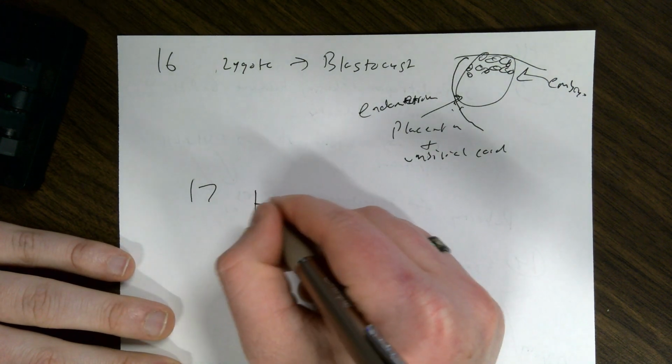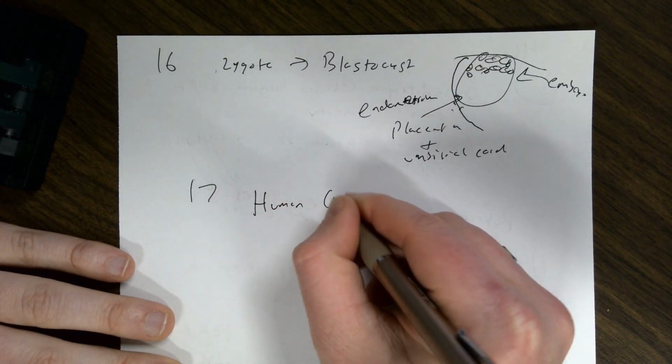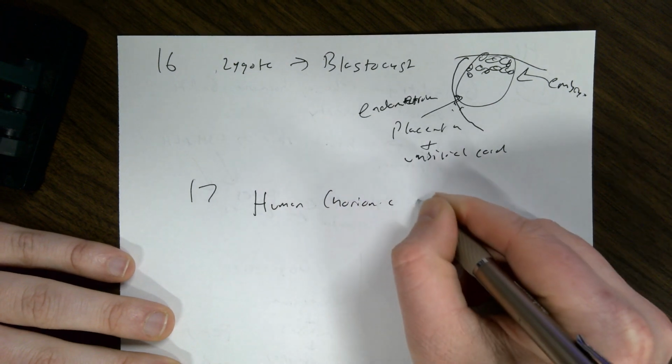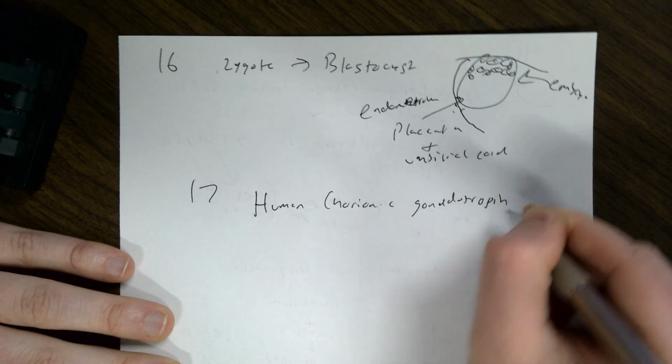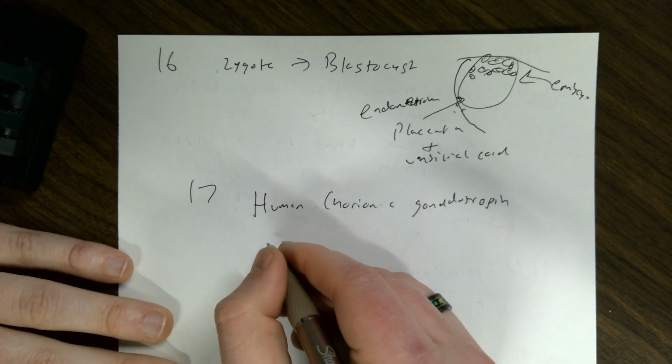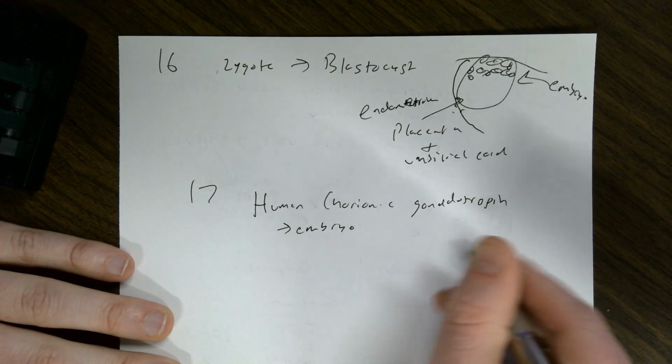Pregnancy testing. So there's this thing called human chorionic gonadotropin, which is secreted by the embryo, and it's detectable in the urine because it's removed.